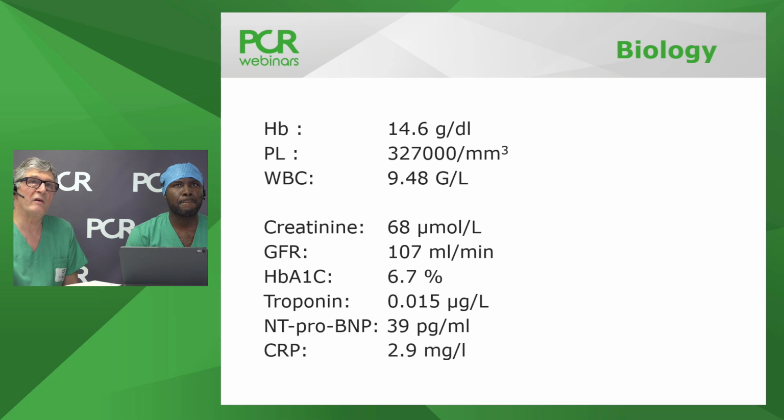The biology is without any abnormalities except HbA1c, which is 6.7%, so close to a very acceptable level. CRP is nearly normal.